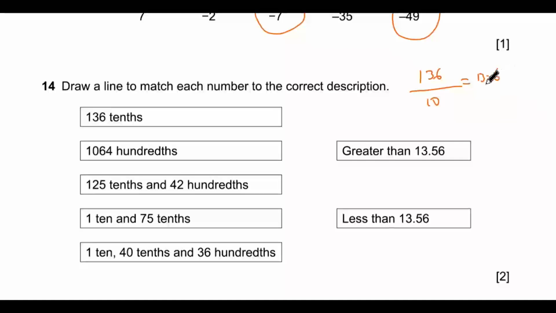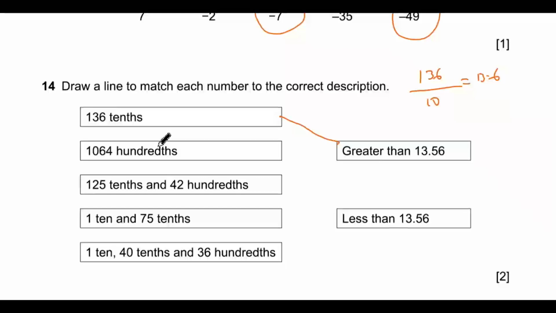So this makes it 13.60, and this is 13.56. The best way to read this is 13.6, and this is 13.56, and of course this will be greater than this.